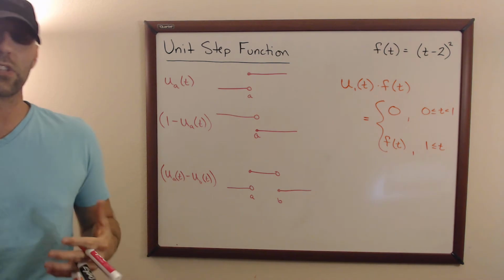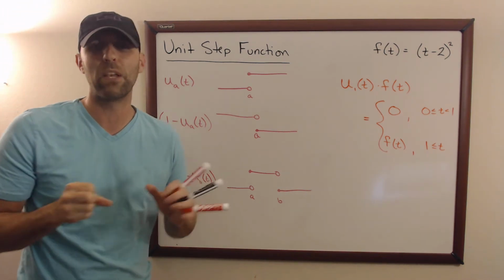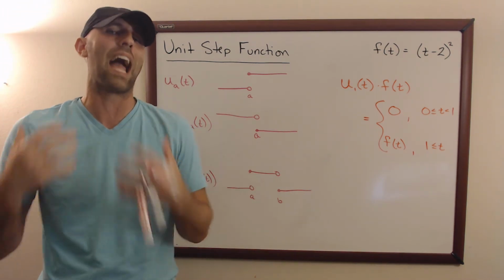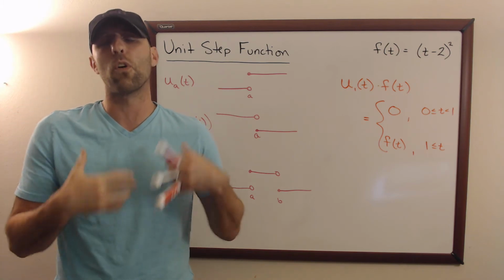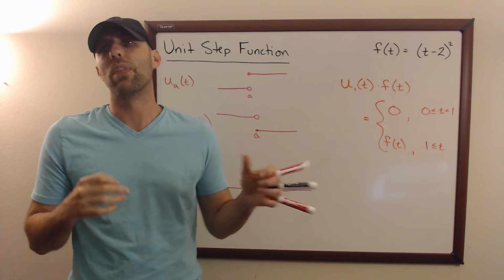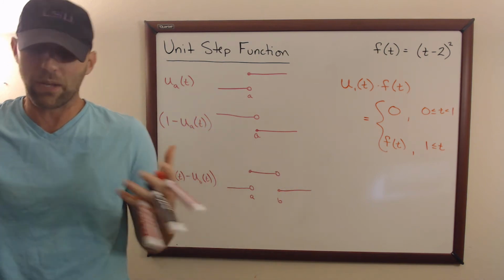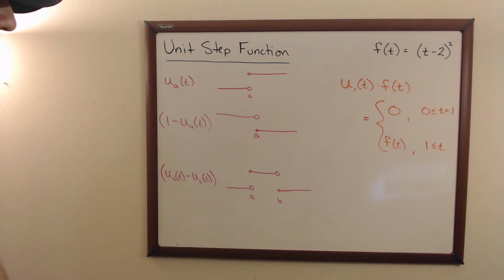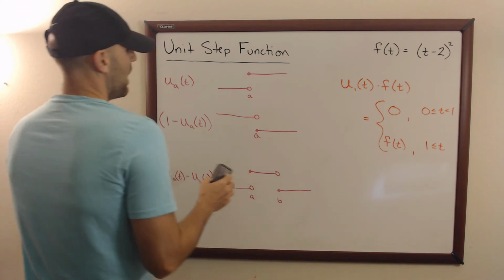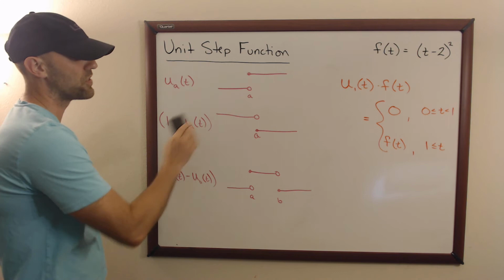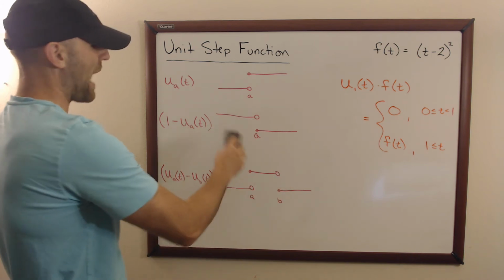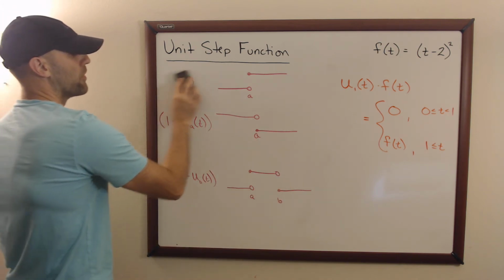That's why we're doing this. Being able to rewrite my piecewise functions in this form is going to allow us to use our Laplace transforms on piecewise functions without all that messiness of having to integrate piecewise functions and do a bunch of other nonsense. All right, so pause the video and copy these down in front of your notes because I have to erase them, but I'm going to refer back to them as I'm doing these examples.